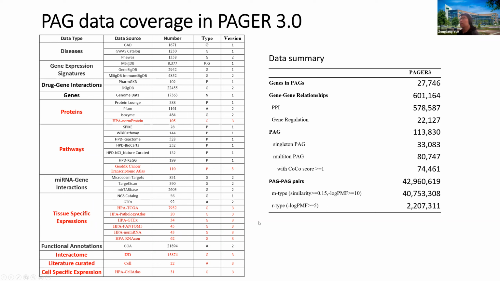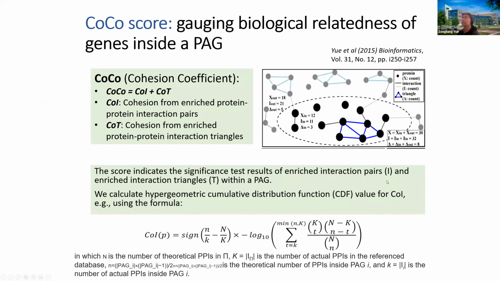These new data sets bring up the summary statistics. Currently, PAGER 3 has 113,000 PAGs and 42 million PAG-to-PAG relationships.